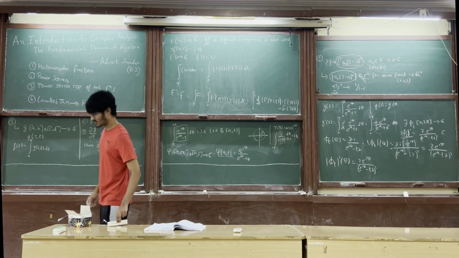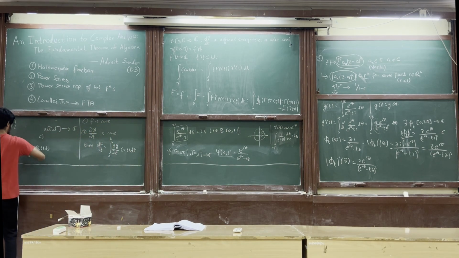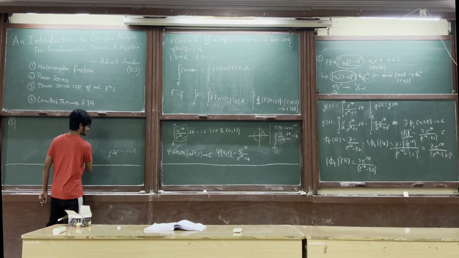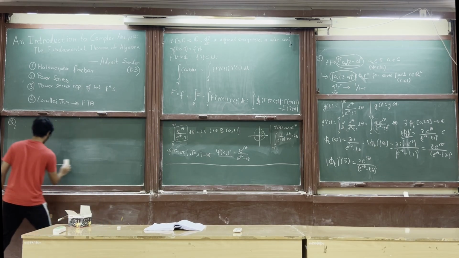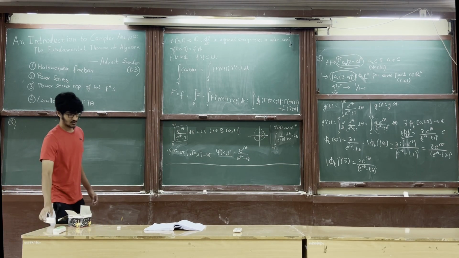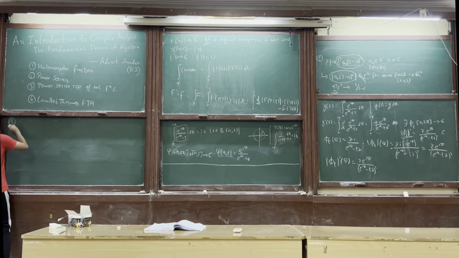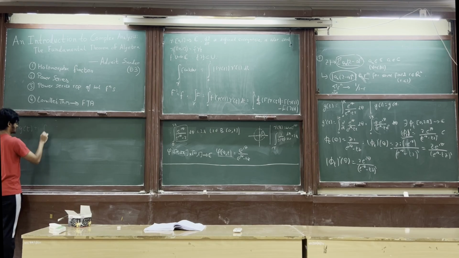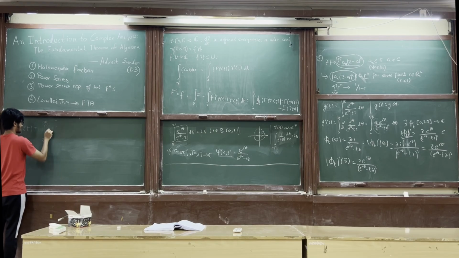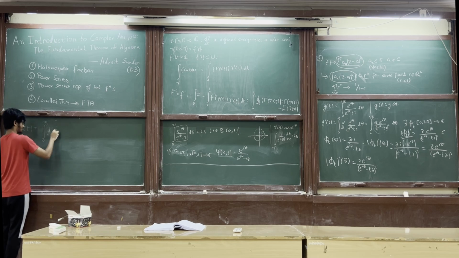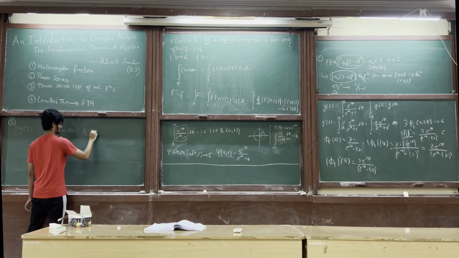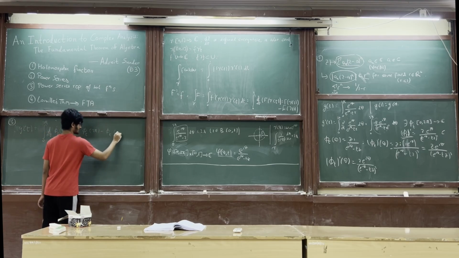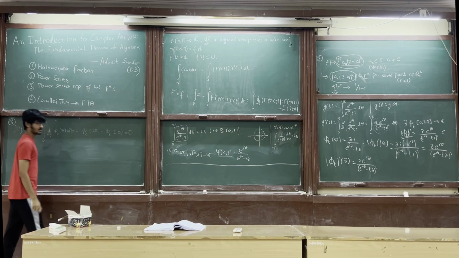So we just use this. We finally get g prime t equals 0.